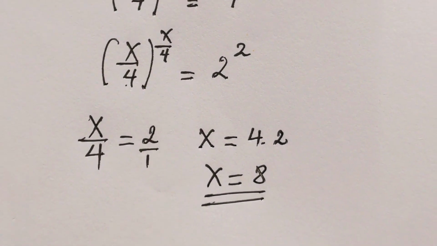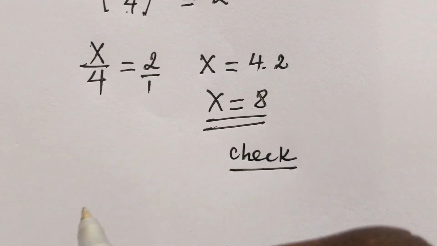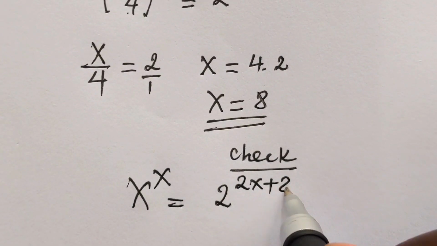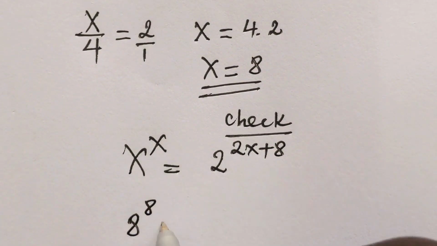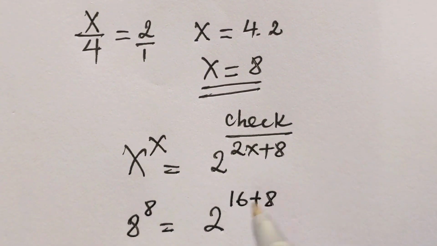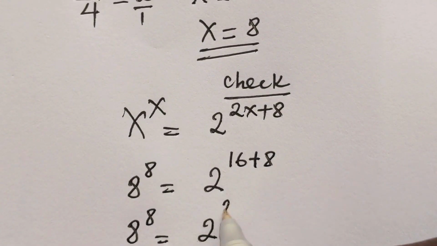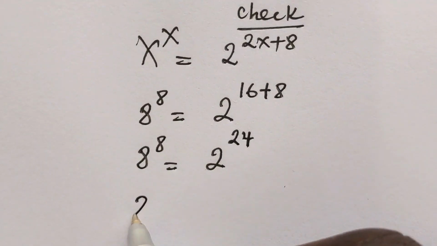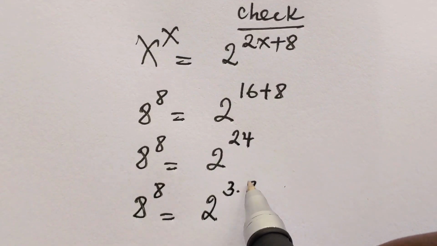Right, so at this stage we can check if our answer is correct. We have given x power x equals to 2 power 2x plus 8, so that here we have 8 power 8 equals to 2 power 16 plus 8, so that here you have 8 power 8 equals to 2 power 24, and we can write this one as 8 power 8 equals to 2 power 3 times 8.